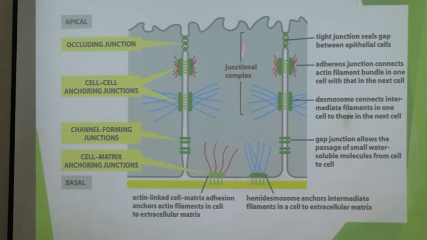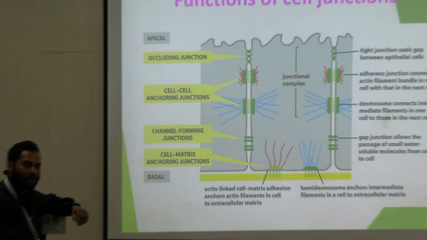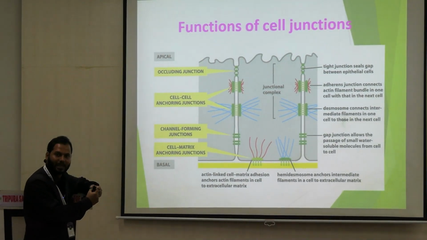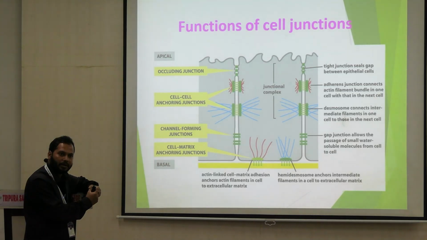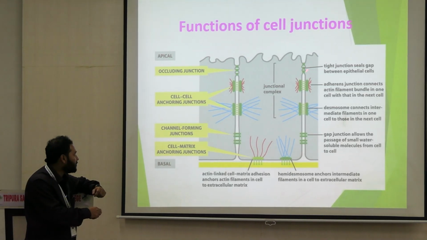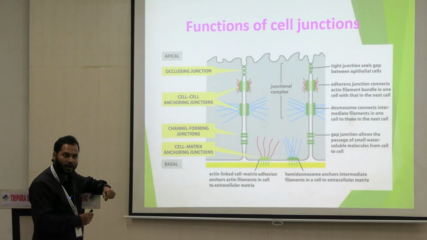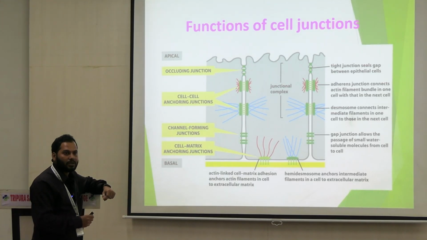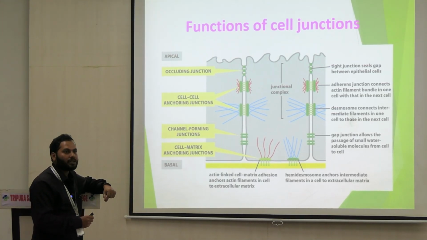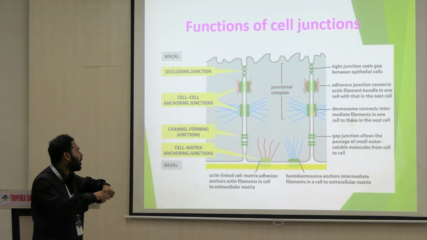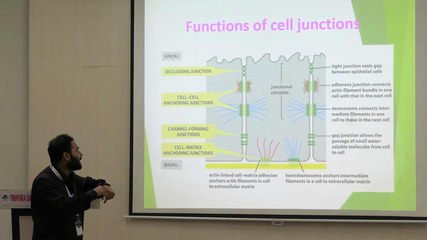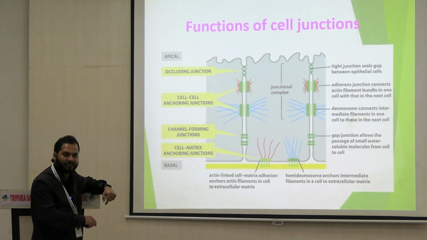This is one epithelial cell and this is the adjacent one, right? So it makes the seal between epithelia, and due to the presence of that seal, it prevents the vertical flow of the molecules from apical regions to the basal surface.